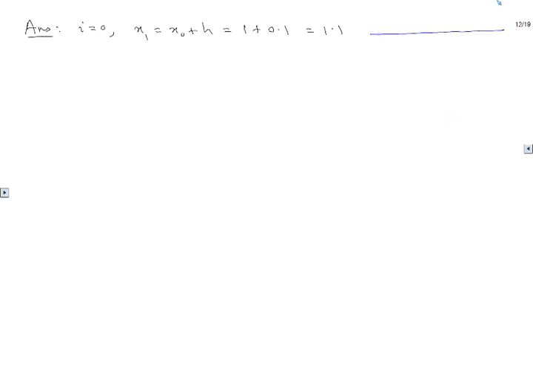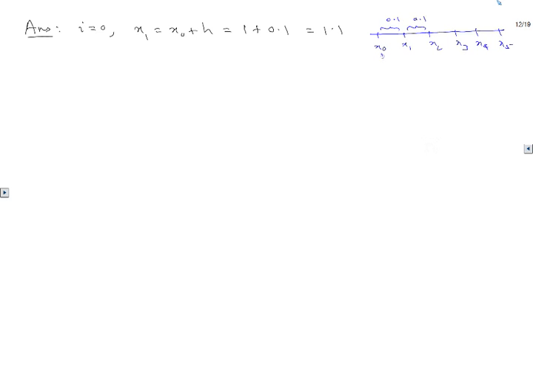That is the starting value x0, and then we have h is 0.1, so this is x1, x2, x3, x4 and x5. Every time it is a 0.1 gap.